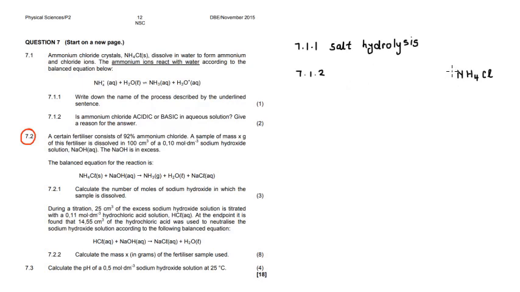If you work backwards, you can see that this could have been produced by the base ammonia plus the acid hydrochloric acid. If we classify these two components, the ammonia is a weak base, and the hydrochloric acid is a strong acid.